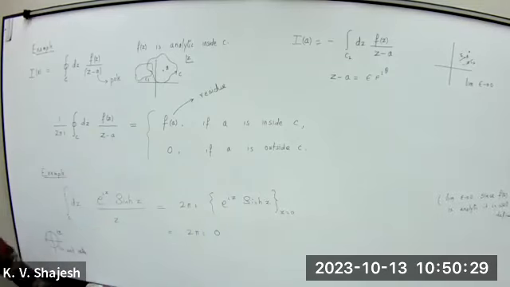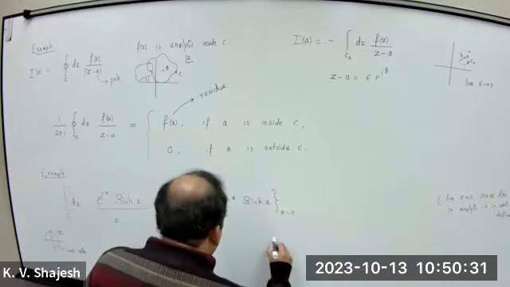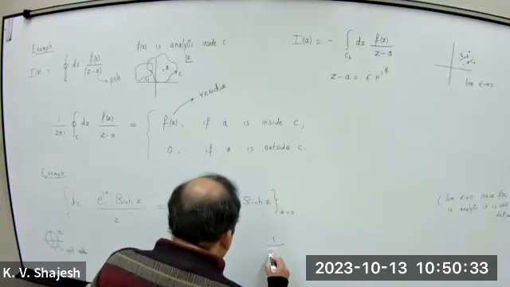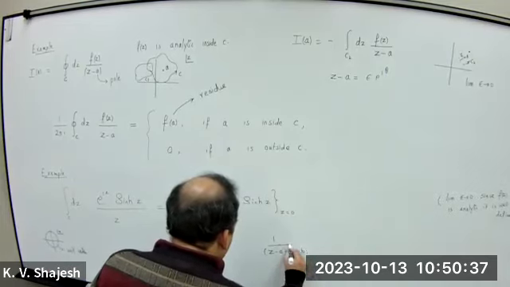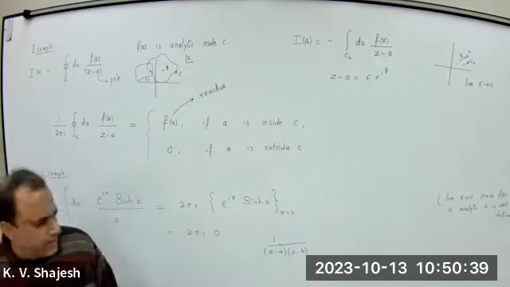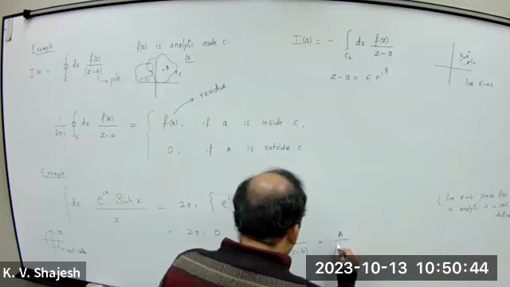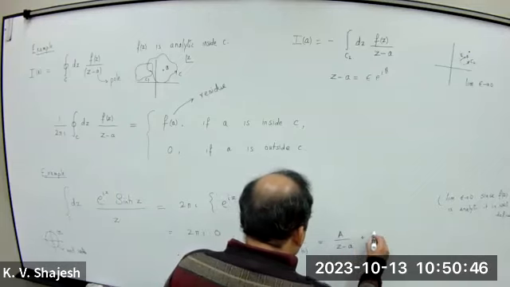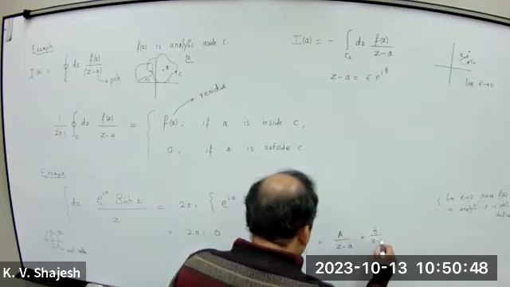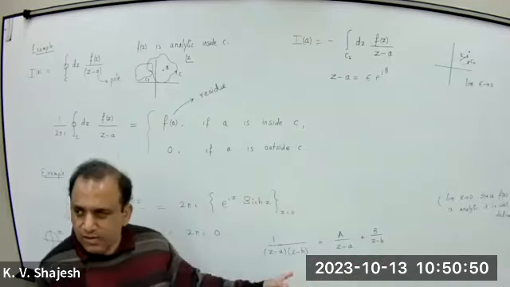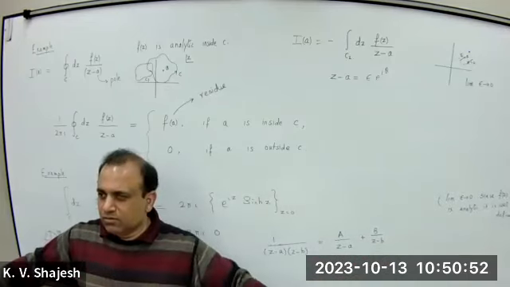If there is more than one pole, use partial fractions, 1 over z minus a and z minus b. If you have 2 poles, then you can always think of partial fractions. First find a and b, and then there are 2 integrals.